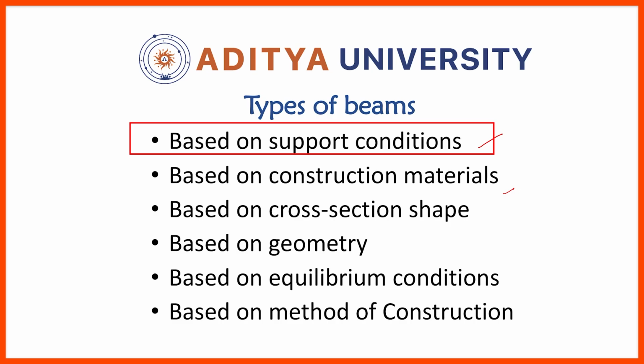So, which beams come under the cross section shape? Beams generally have a rectangular shape, that is because of the moment of inertia. So, we have rectangular beams. If it is a column, it may be rectangular or it may be circular.